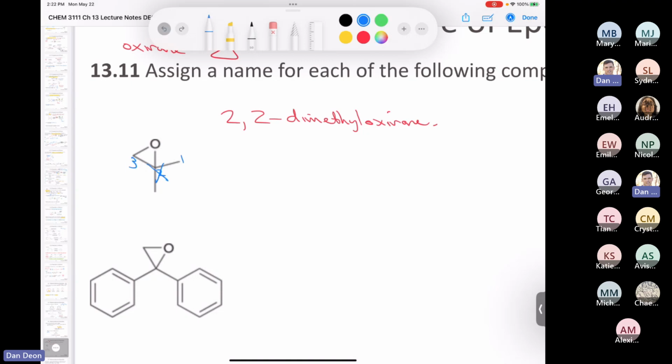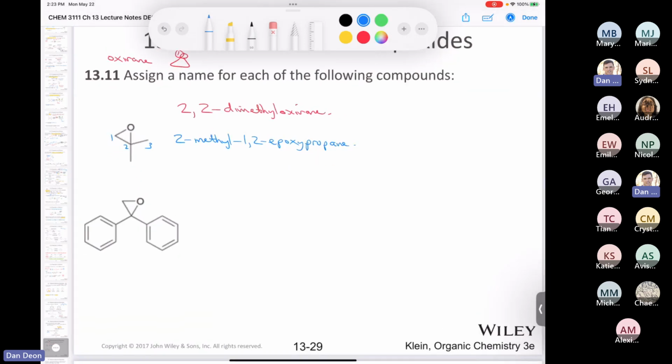I want the epoxy between carbons 1 and 2. So I have a 1,2-epoxy propane, and then I have a methyl group on carbon 2. So I would call this 2-methyl-1,2-epoxy propane.